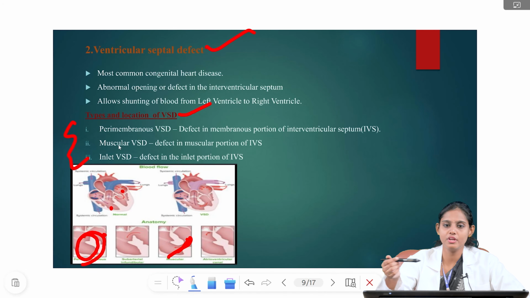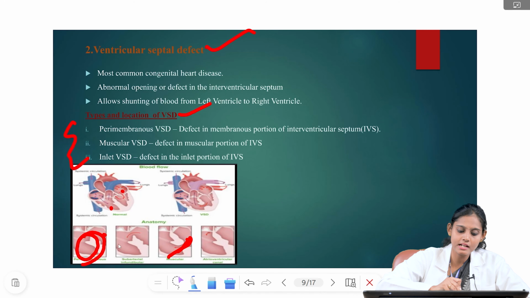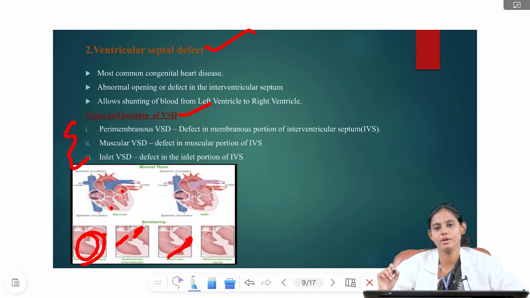And there is one more VSD called inlet VSD, where the defect is in the inlet portion of your interventricular septum. These are all the types and locations of VSD.